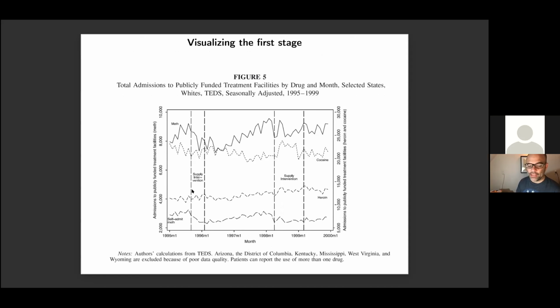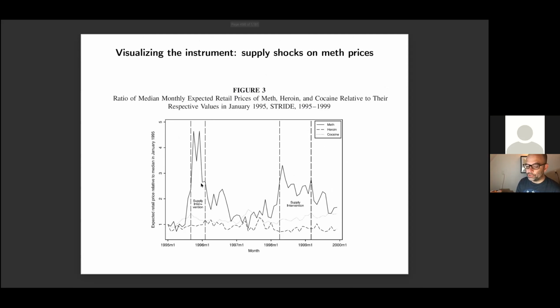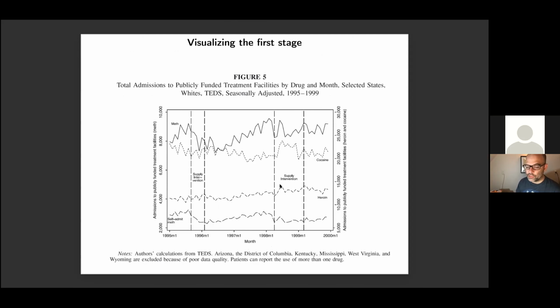All right. So I got here the periods of time when price quadruples or doubles, right? It's got these two supply side interventions. And here, let's look at the self-admitted methamphetamine. This is heroin and this is cocaine. So you got this. But then when prices rise, falls.